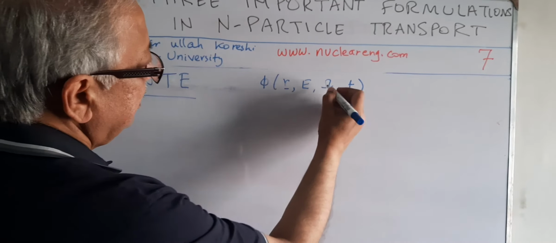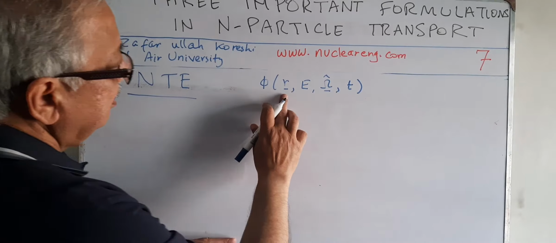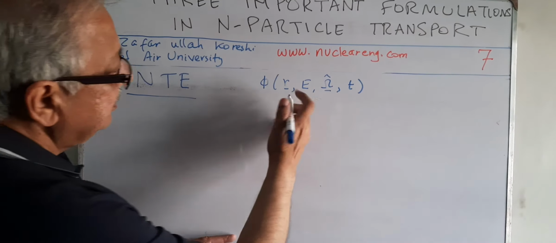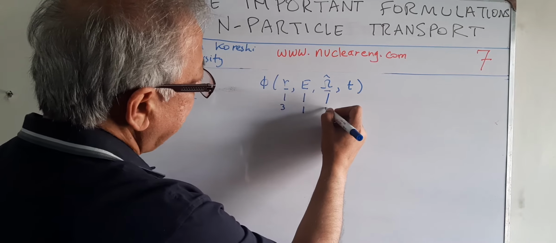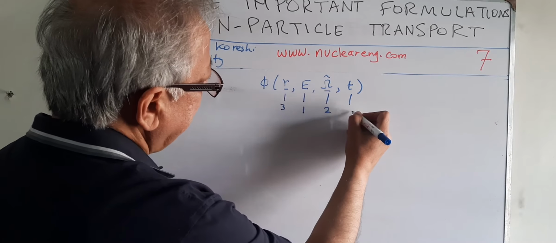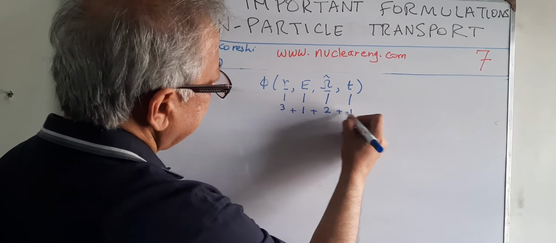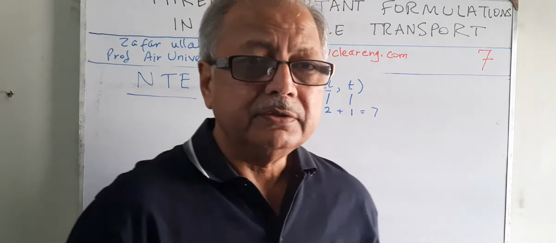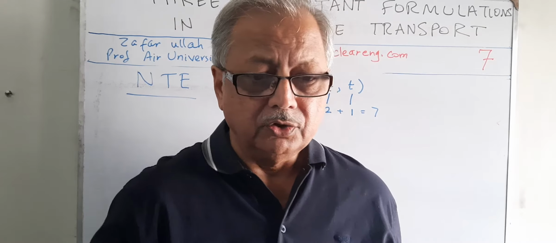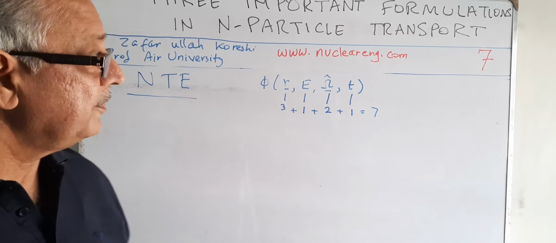There is going to be position, 3 variables, energy, 1 variable, angle, 2 variables, and time, 1 variable. So how many do we have? We have 7 variables. A complete description of the movement of a neutron requires 7 variables.